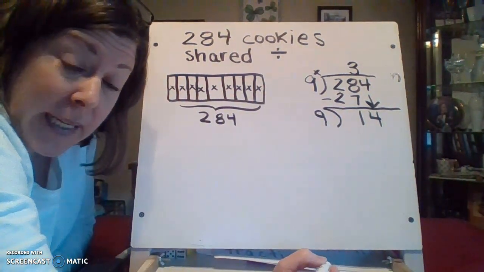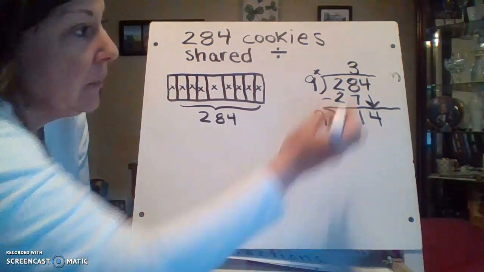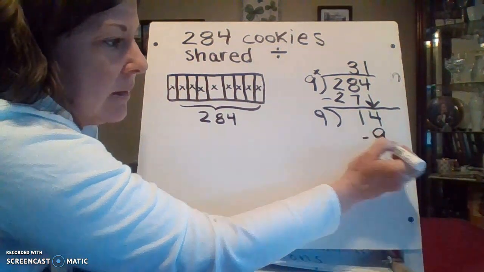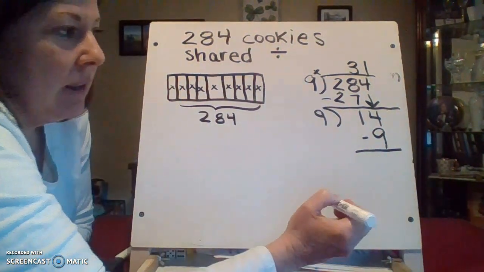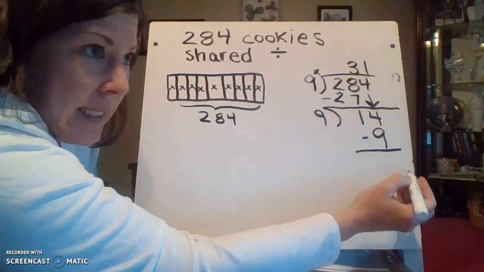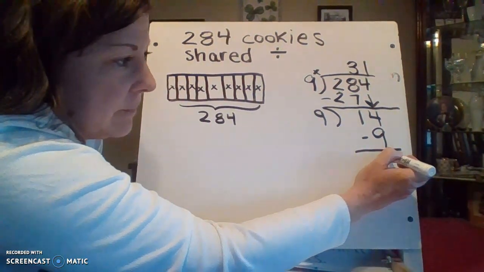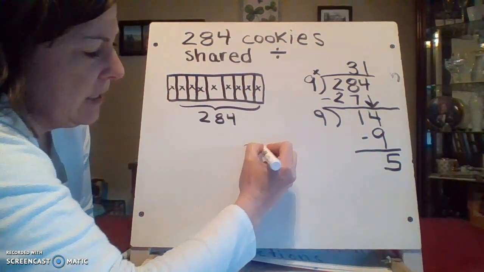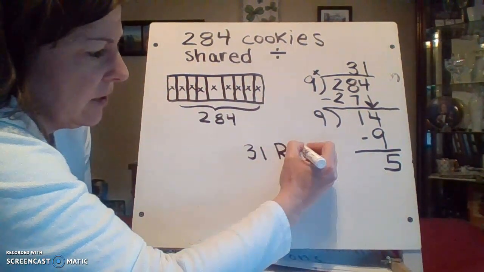How many groups of 9 can I get from 14? Only 1. 1 times 9 is 9. And 14 minus 9 is 5. So I get 31 remainder 5.